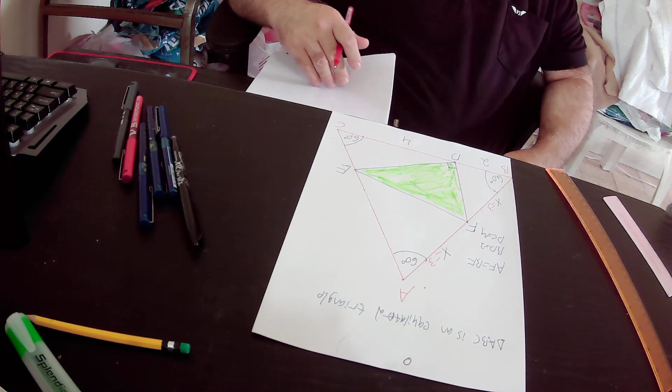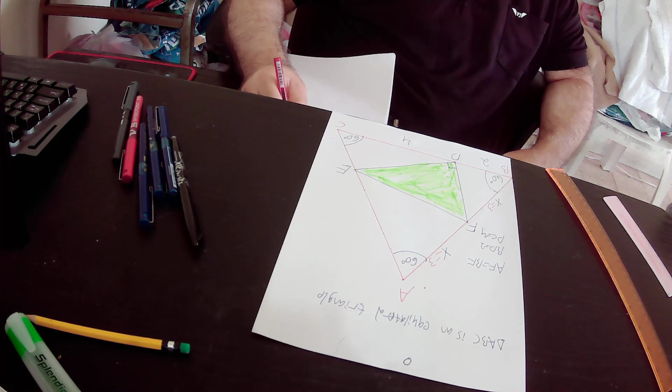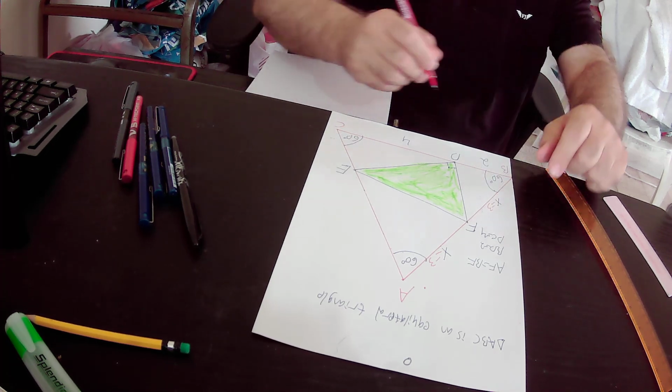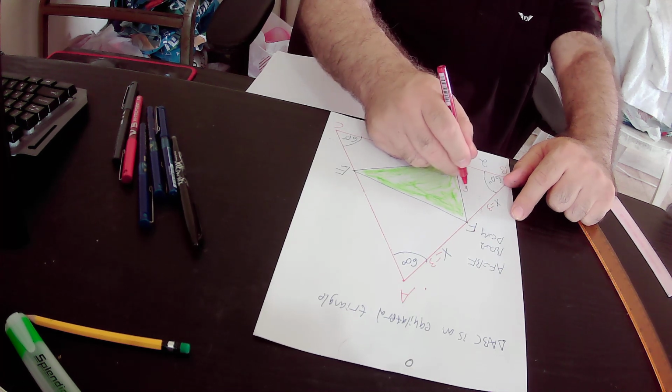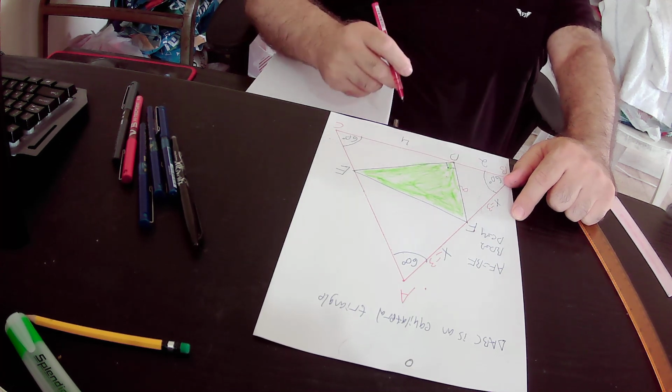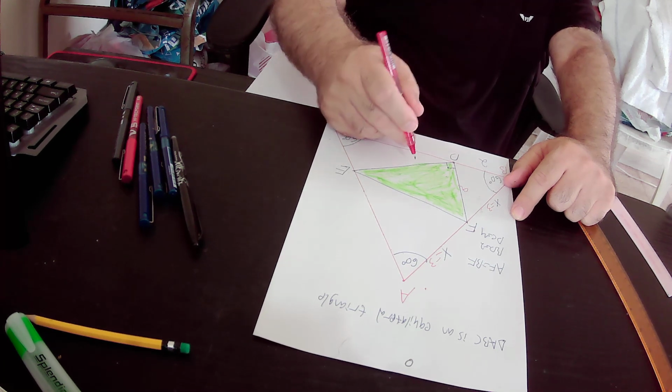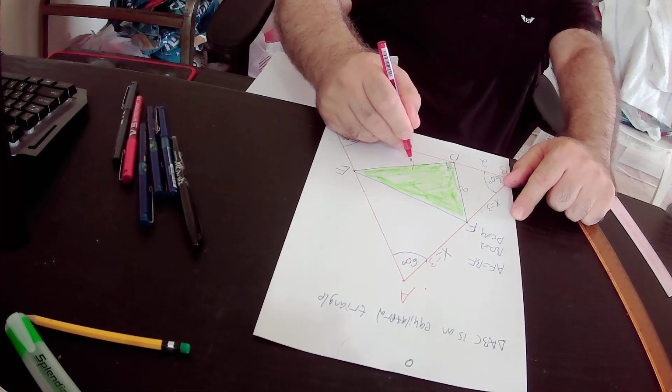First of all, we will define FD as A, that is to say FD equals A, and we will define DE as B, that is to say DE equals B.